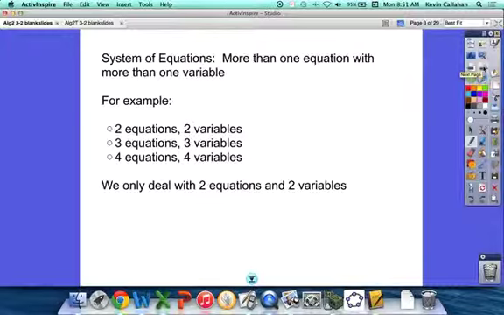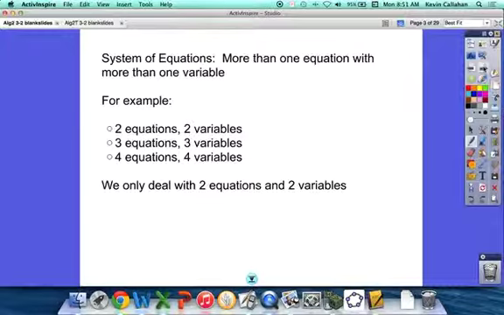Okay, systems of equations. A system of equations means more than one equation, right? Generally, if you have as many variables as you have equations. So a system would be 2 equations with 2 variables or 3 equations with 3 variables. It could be any.